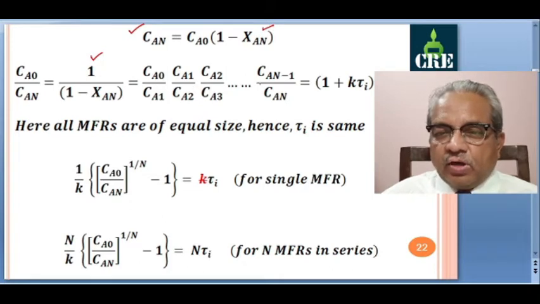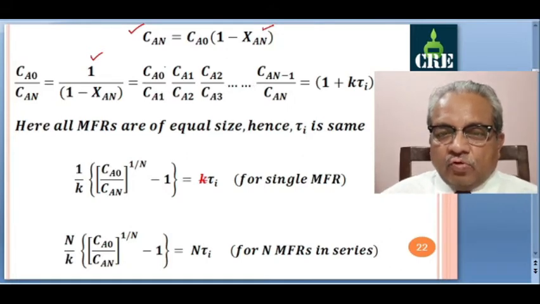If you take the product of all these, Ca1, Ca1, Ca2, Ca2, Ca3 as well as Can minus 1, all these cancel out, and you will be left with Ca0 by Can. So this ratio is nothing but the product of the ratios of entering and leaving concentration of all the reactors placed in series.